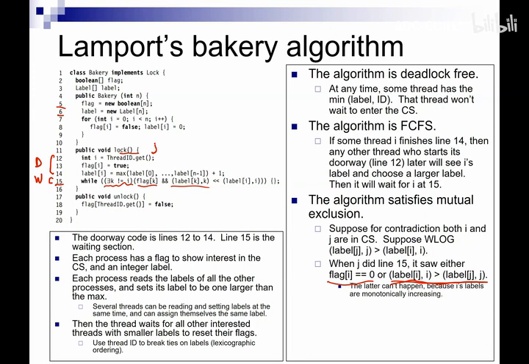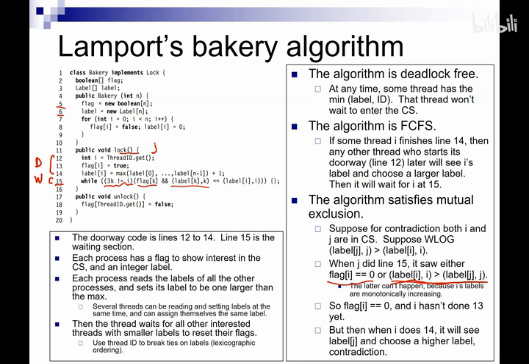The other possibility is that I's flag is equal to 0. But I wants to get into the critical section, and in that case I must not have done line 13 yet, because if I did line 13, its flag would be true.